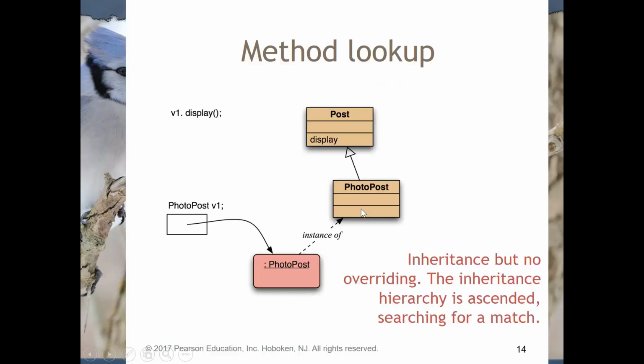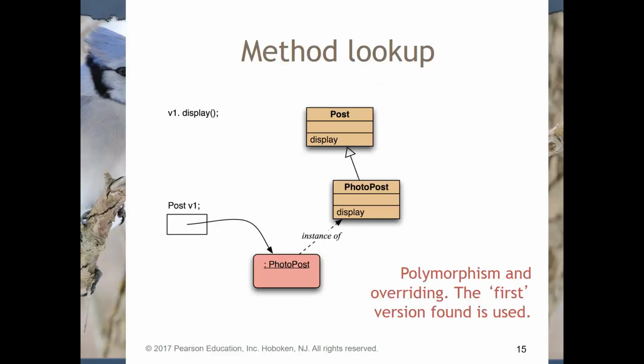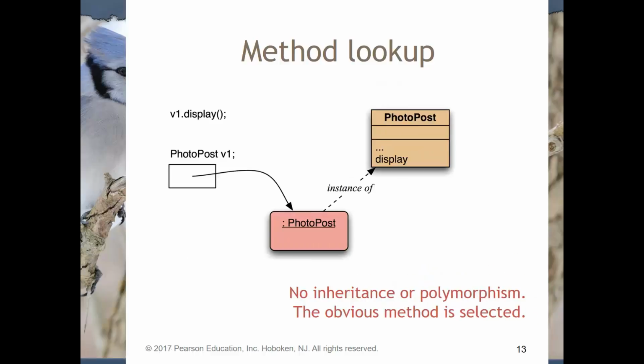When I do have inheritance but no overriding, in other words display is not here, it goes here, comes up here, says not found, then it goes up to the parent. In this case, if it's in both of them, it comes in and says, oh, here's a display, use this, assuming that these signatures are identical, by the way. It executes this one and doesn't even care that this one ever existed. Okay? That's really clear as mud for some people.